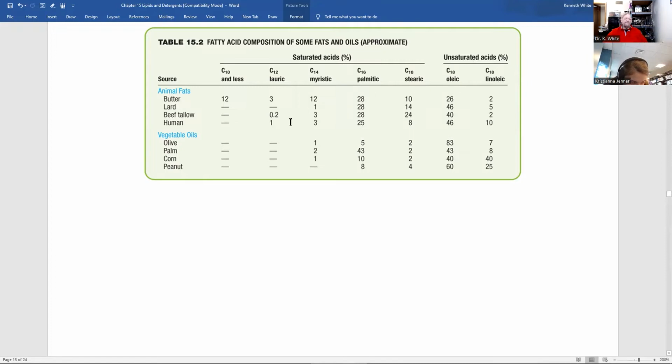If you look at, let's say, beef tallow, it's about 42% unsaturated and 58% saturated. And medical science has found saturated fats are worse for you than unsaturated, which is why eating too much beef or lard, bacon, or even butter is bad for you. And they have human here. I don't know how accurate that is.